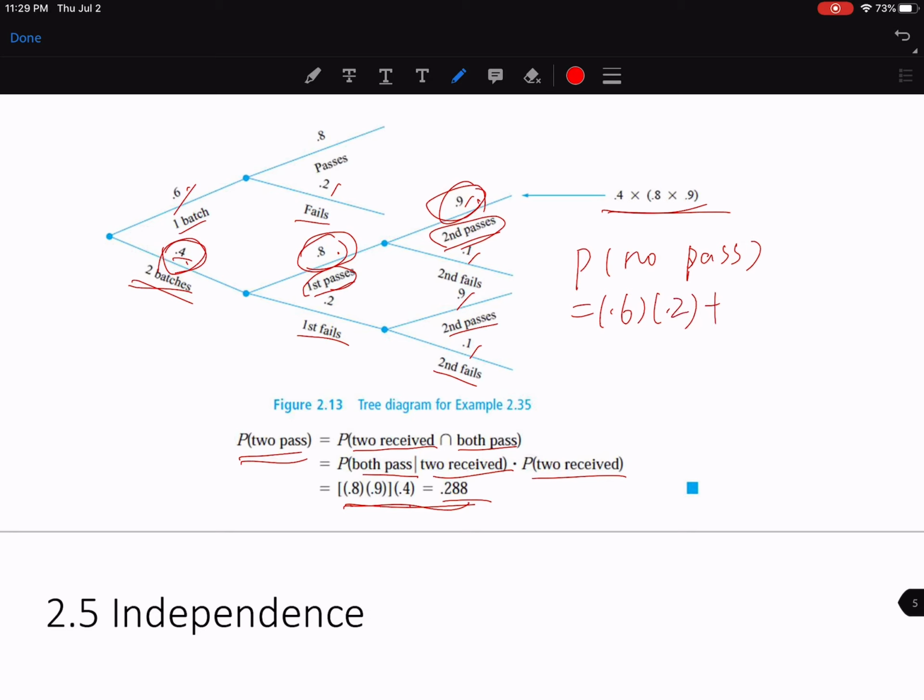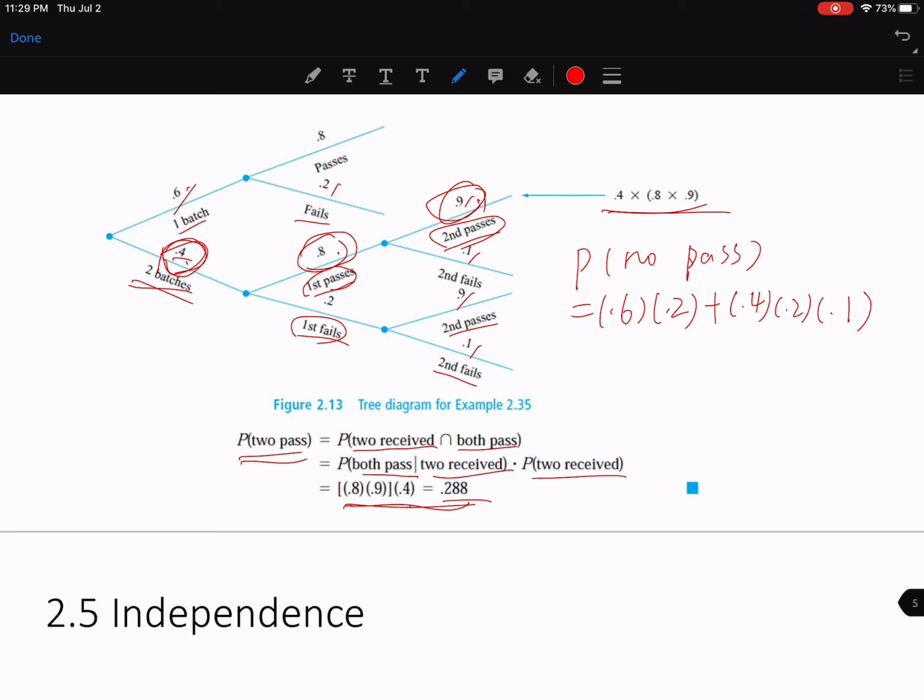Let's take a look at the situation when two batches are received. The probability of that is 0.4. If we want no pass, that means the first fails, and the probability of that is 0.2, times the probability that the second fails, which is 0.1.